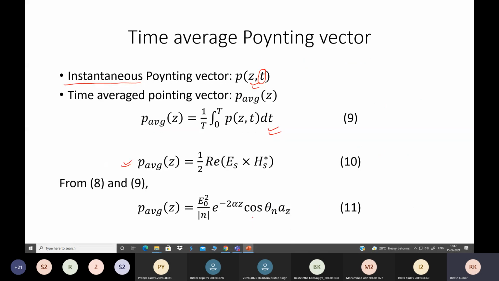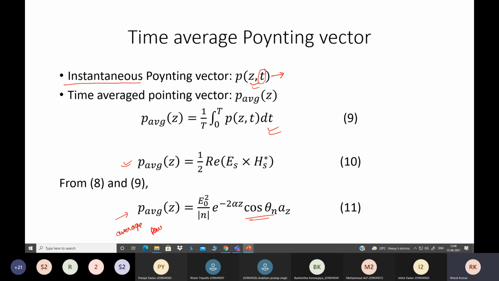We have written cos theta n az: E naught square divided by mod n, e to the power minus 2 alpha z, cos theta n az. This is the average power, the time average Poynting vector. Keep in mind this is a density: the instantaneous Poynting vector means instantaneous power density, and this is the average power density.